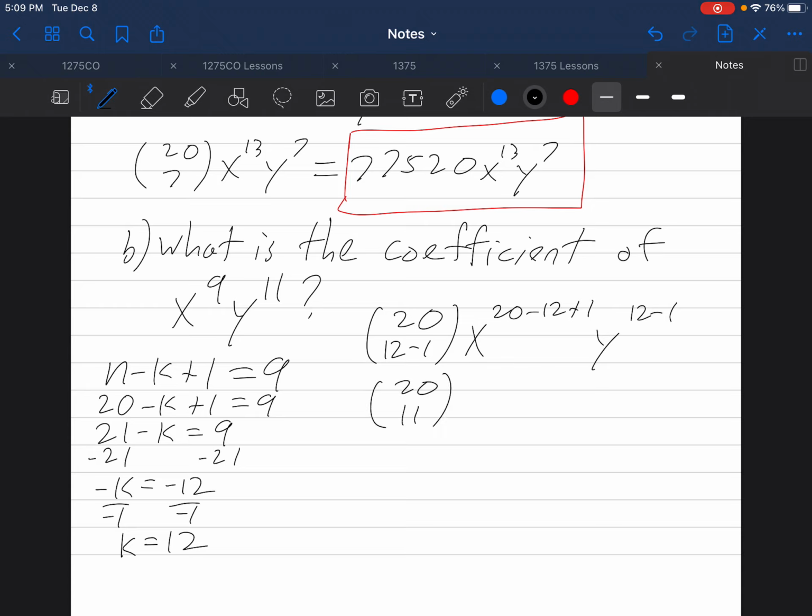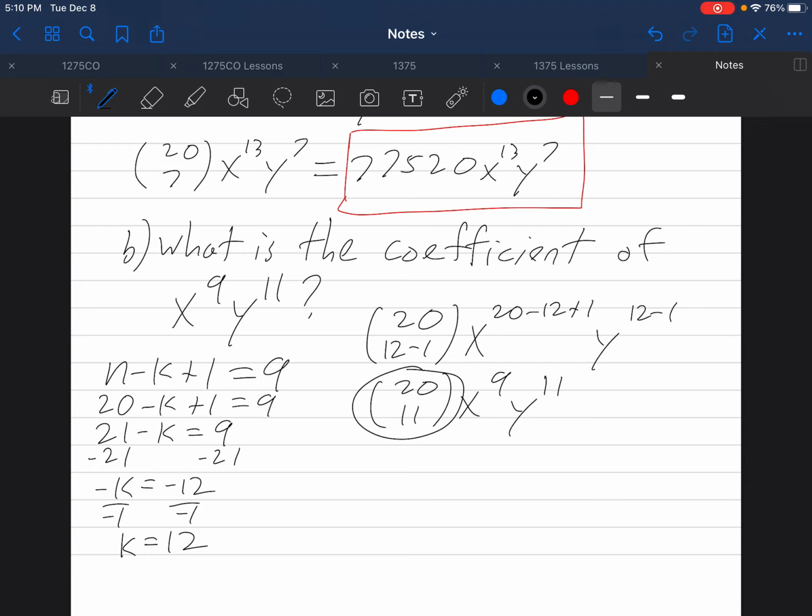Right, this is going to be 20 choose 11. X to the 20 minus 12 is equal to 8, 8 plus 1 is equal to 9, so that's going to match this. y to the 12 minus 1 is equal to 11, so that matches.